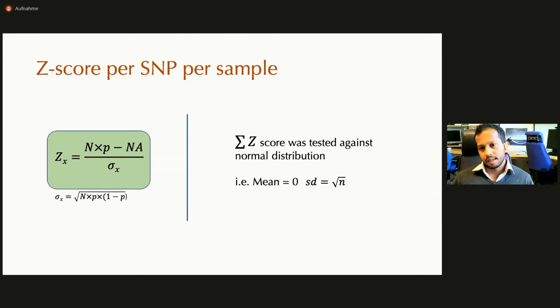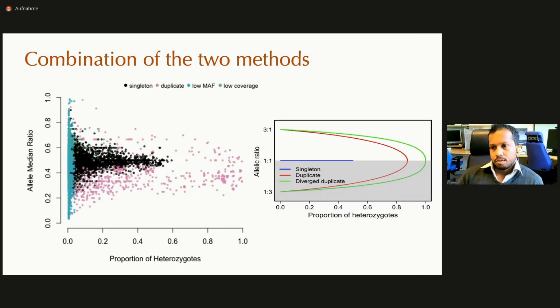So now we have the excess of heterozygotes, and we also have this z-score, which we use for detecting the SNP deviants. If we put these two steps together, we can use that to detect duplicates. This plot shows real data where duplicates were detected using this method.